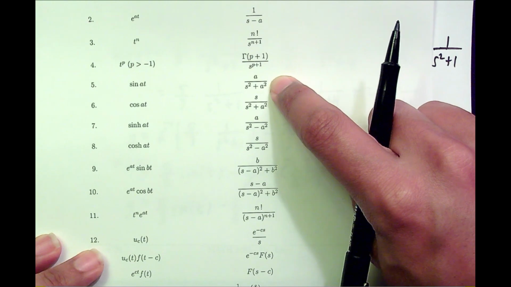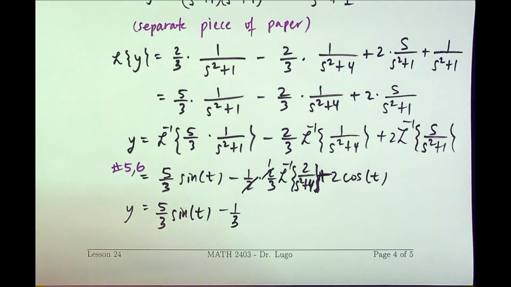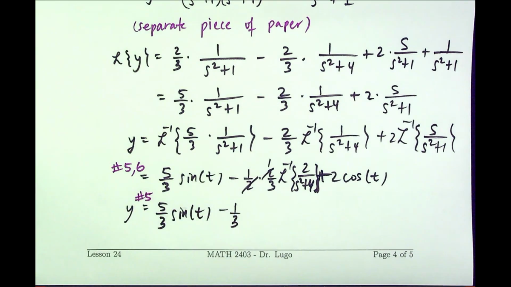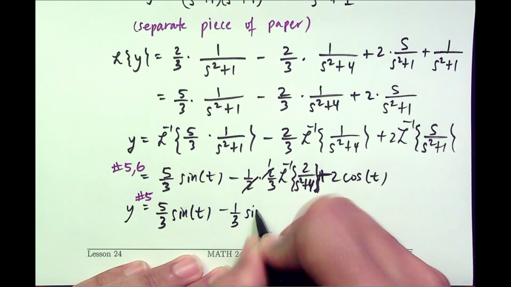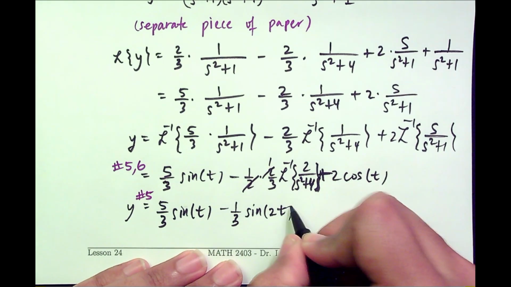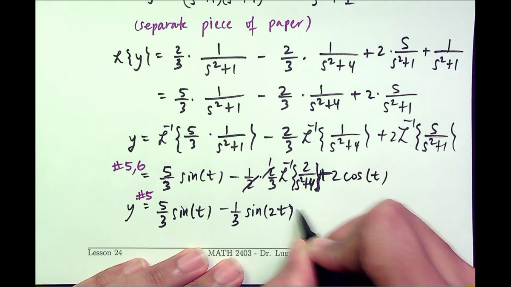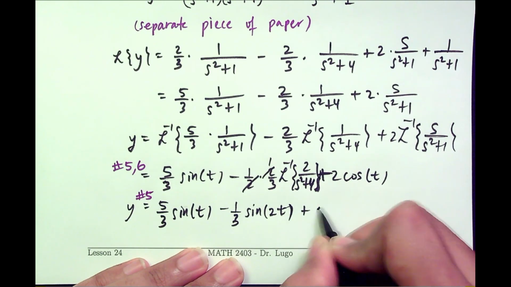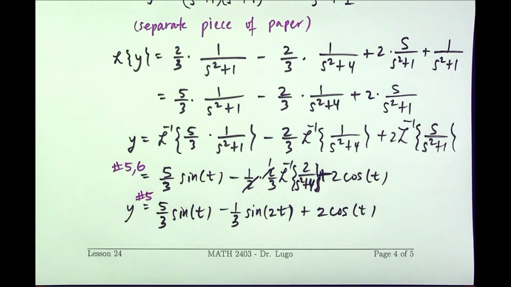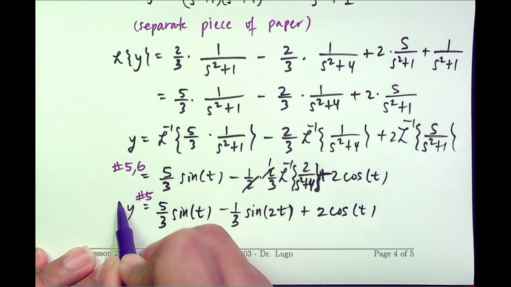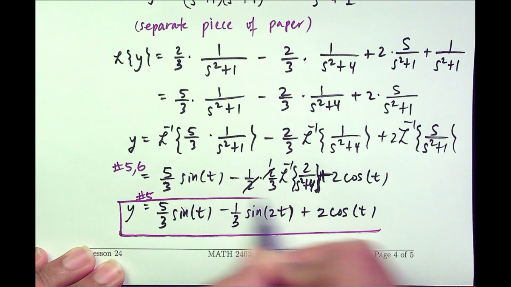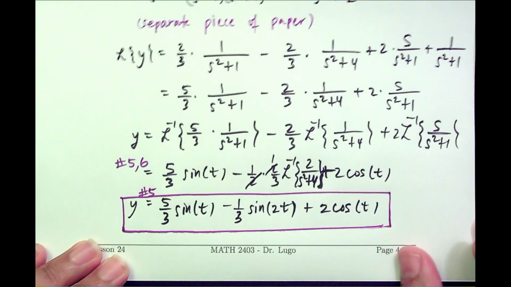We're using 5 again. So it's going to be another sine, a sine of 2t this time, because the a is 2, plus 2 cosine of t. Okay, and that is the solution of the differential equation.